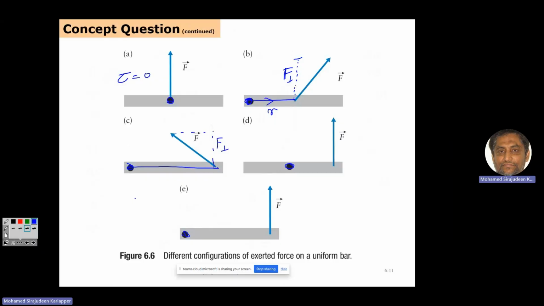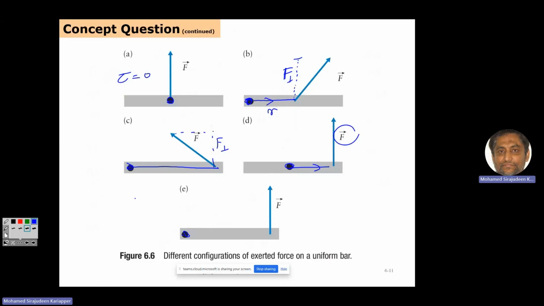So this is greater than that, no problem, but we have to check everything. Here R is this much, and the perpendicular component is the whole thing. So the perpendicular component is greater there. However, R is small, so we really don't know. I don't know unless we are given some values, right?